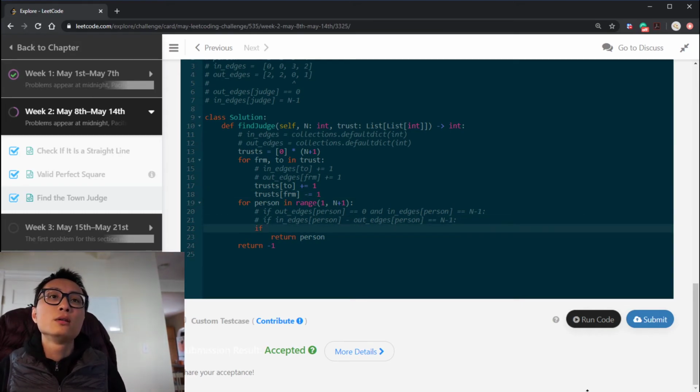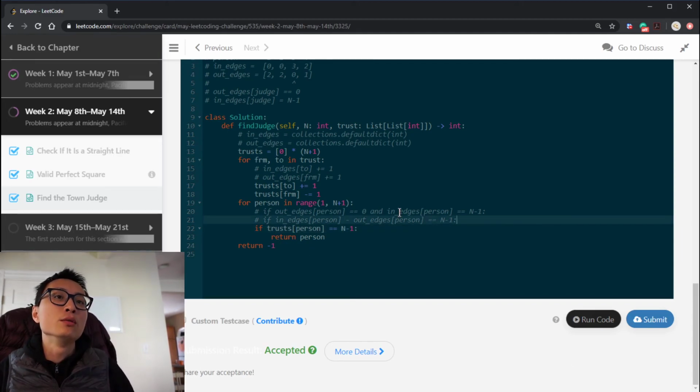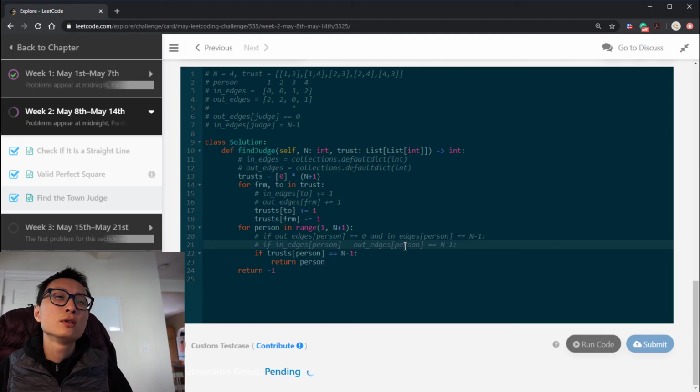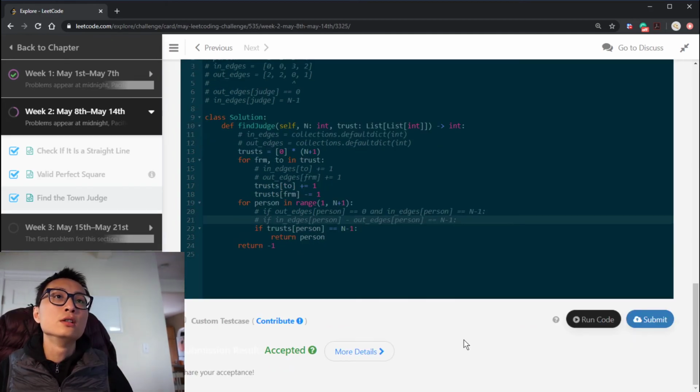So if trusts of person has to be equal to n-1 as usual, we can return the person. So that's the space optimized solution. It should work as well, I hope. Yeah, it does. There's really nothing special about this space reduction.